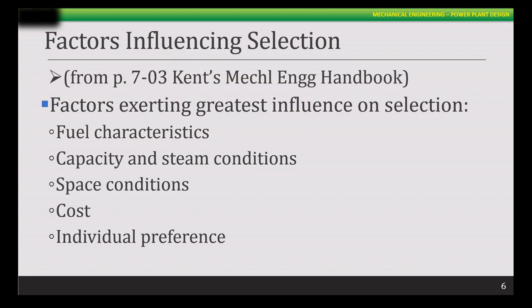Then factors influencing selection. This is taken from Kent's Mechanical Engineer's Handbook. So the factors exerting greatest influence on the selection, number one, is fuel characteristics. So what kind of fuel are we using? If we are using biomass, that's different from oil based, and it's also different from coal based.